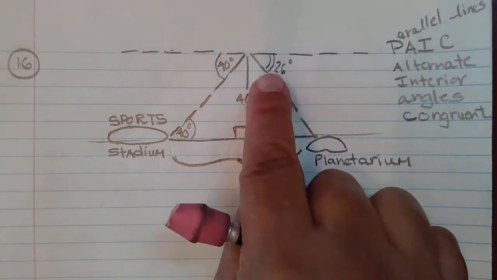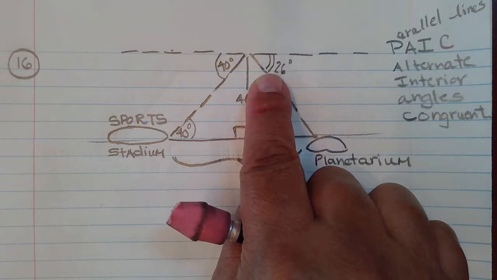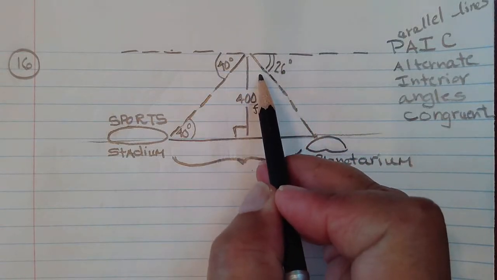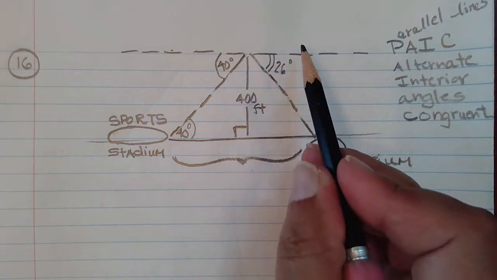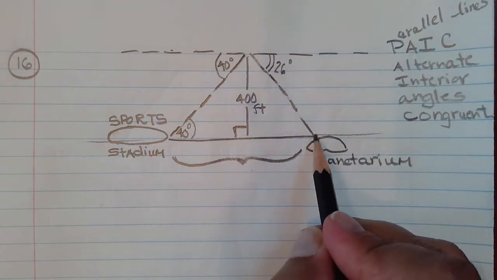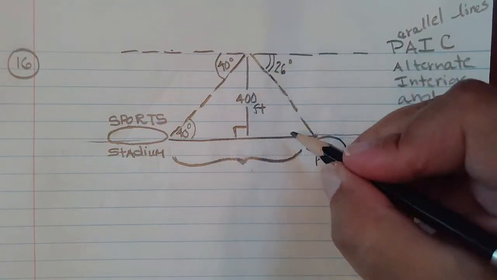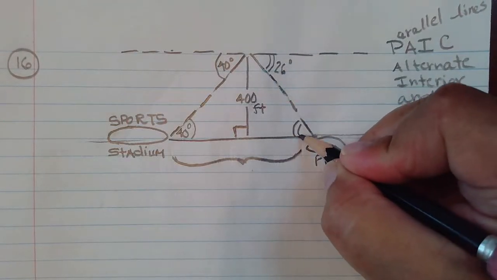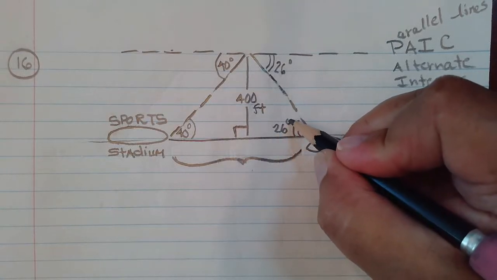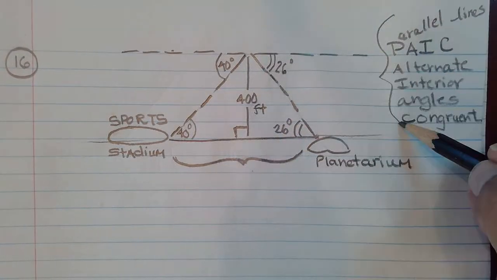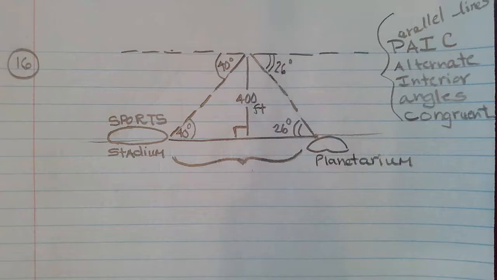You can either put the 40 inside here or outside, wherever it fits. Likewise, right here, you have the same thing playing into the problem on the other side. Now this time we're looking at this transversal, which cuts into the top and the bottom parallel lines. We'll use this as the alternate interior angle, and therefore it's 26. So by way of this geometry theorem, you are able to bring things that are on the outside of the triangle.